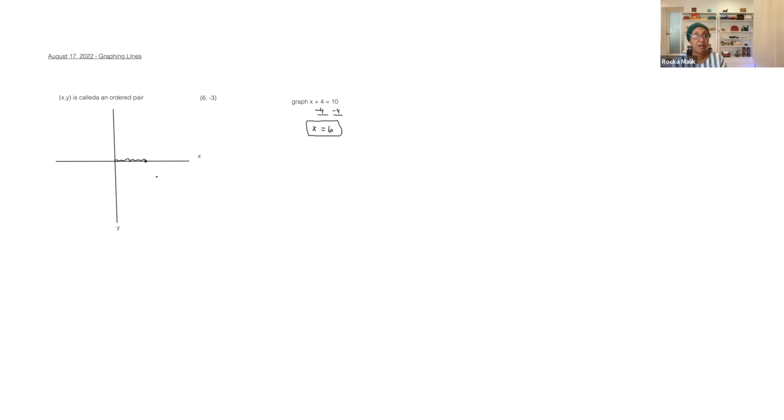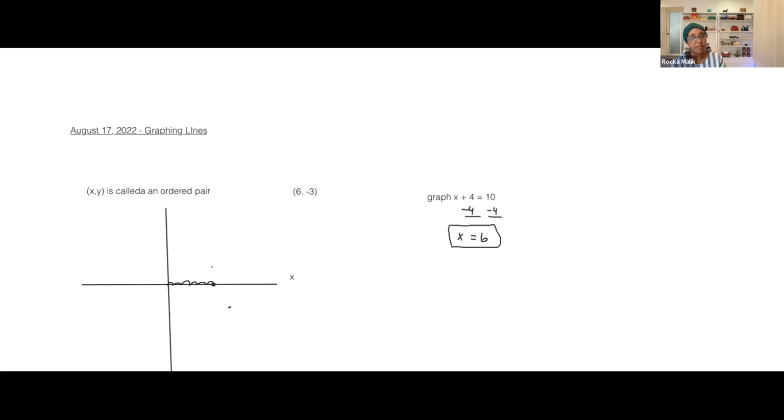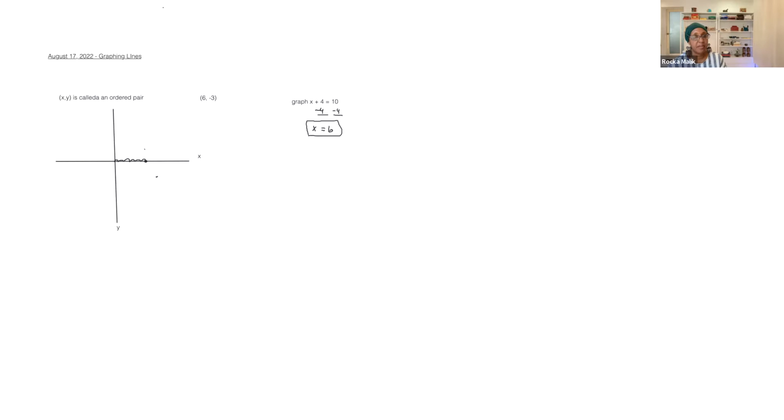If I was graphing on this, it's called a coordinate plane, then I would put X is 6 and I don't care what the Y is. It can be here, it can be here, it can be here.